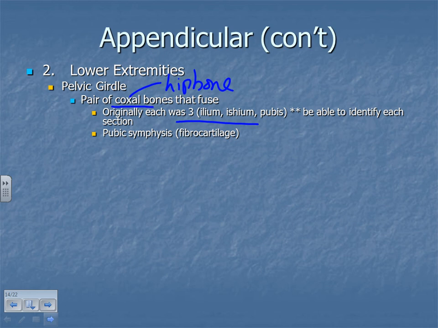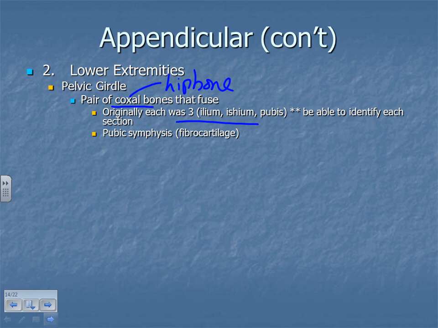The pubis bone is in front, kind of creates this arch in the front of the pelvis. And then 31 is the ischium, which makes up basically the part you're sitting on. Okay, so again, the ilium forms this crest. It's the biggest section, it's 27. 30 is the pubis, 31 is the ischium.